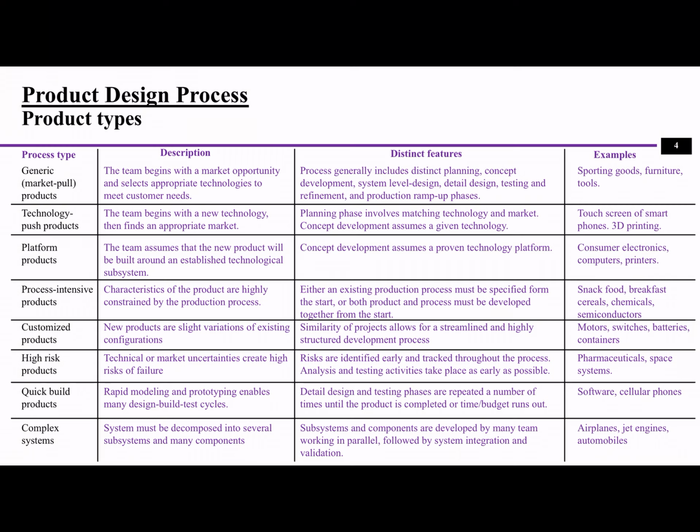So that's why it's called complex systems. All right, so these are the product types. When you are trying to come up with a product concept or find a market, first you need to know what kind of product type it is, because it will actually affect the product design process a little bit.